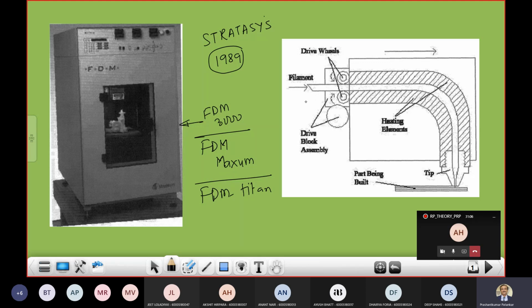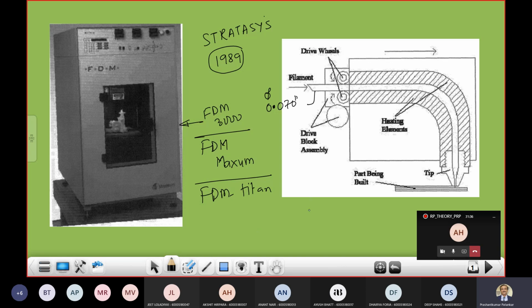As far as the diameter of this filament is concerned, the typical diameter is somewhere around 0.070 inches, and it can be rolled on a spool.